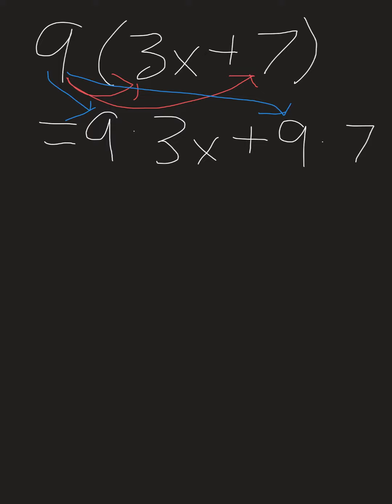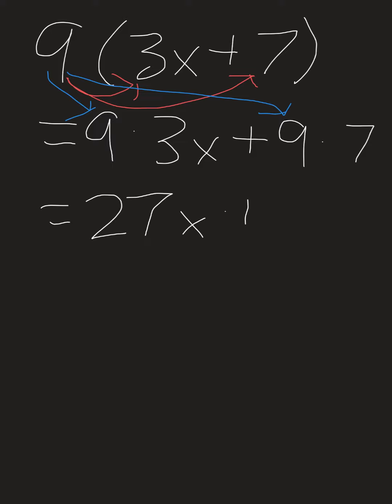Does it make sense? And then we now do the next term. What's 9 times 3? 9 times 3 is 27. Good. So this is 27x.